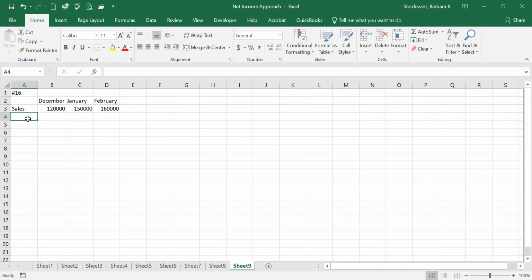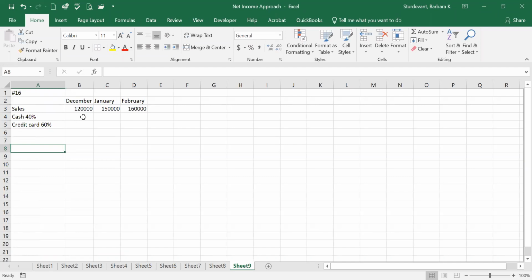Now, in this case, they're 40% cash and 60% credit card. We still have to divide them. So with this one, I'm going to put my cash first, which is 40%. And then I'm going to do my credit card, which is 60%. And so I'm just going to divvy them up just like we always did.